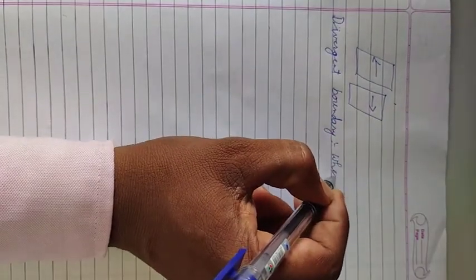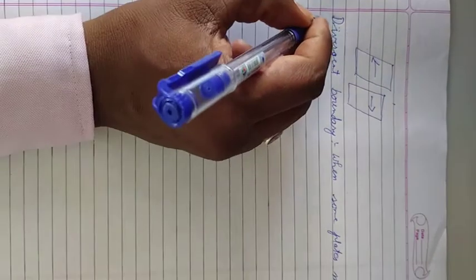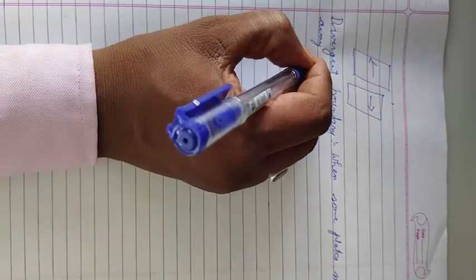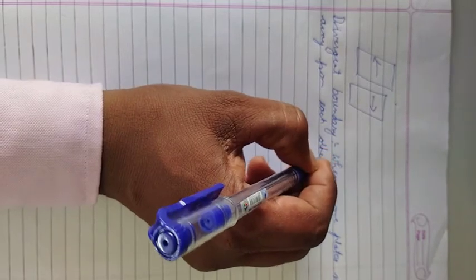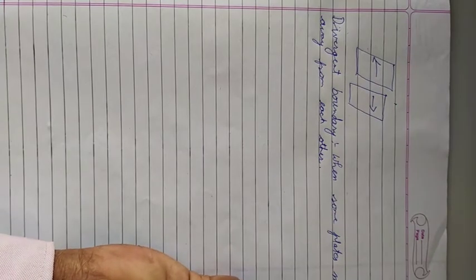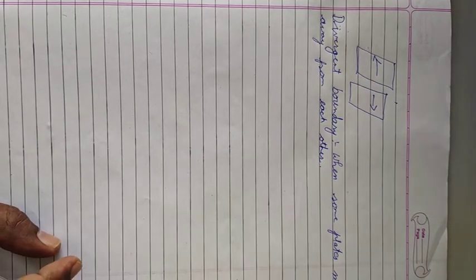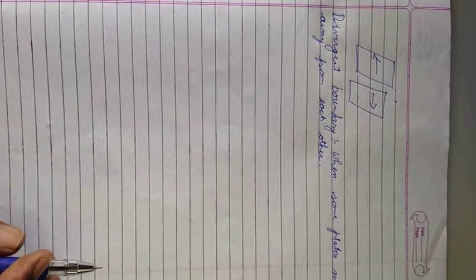In easy language, when some plates move away from each other, it is termed divergent boundaries. So you can just learn one statement and change two words, towards and away.